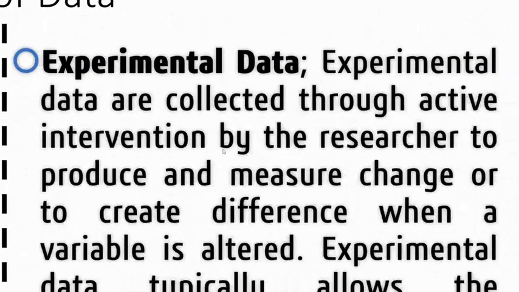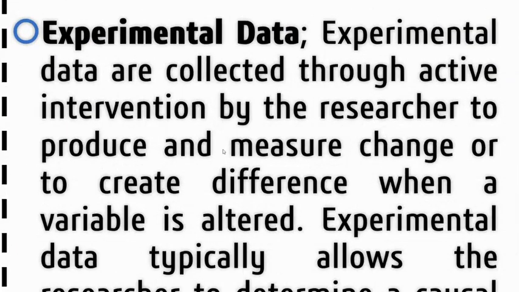Now, second one is the experimental data. Experimental data are collected through active intervention by the researcher to produce and measure changes or create differences when a variable is altered. In experiment, it's all about measuring variables and trying to find the effect of the changes you are creating.